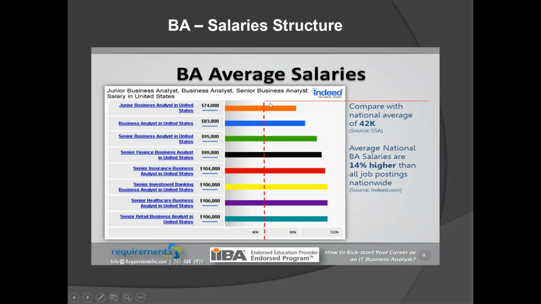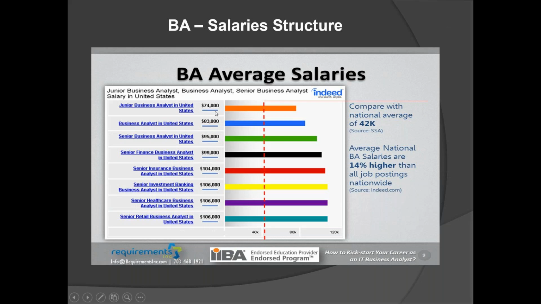Then BA average salaries. What kind of salaries will the BA be getting? A junior BA in the US will be getting $74,000, a BA $83,000, a senior BA $95,000, a senior finance BA $99,000, a senior insurance BA $104,000, and a senior investment banking BA $106,000. A senior healthcare BA will be getting $106,000 and a senior retail BA $106,000.